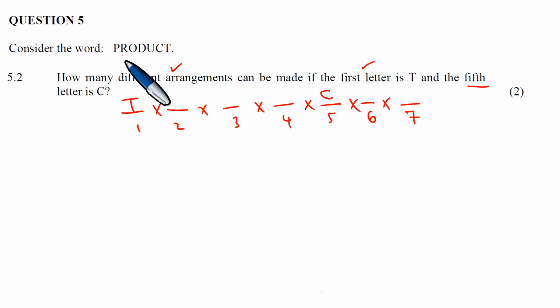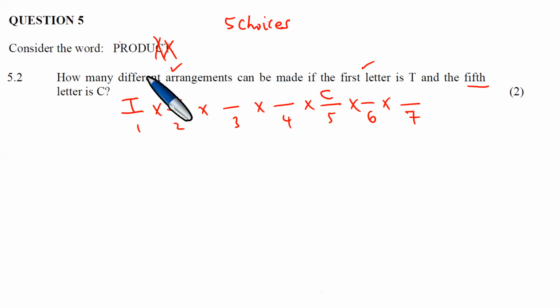So in other words, we cut T out, and also cut C out. So we are left with 5 letters to arrange. Out of the 7, 2 are out. So the letter we can put here, we can choose amongst 5, so we have 5 choices in the first slot.